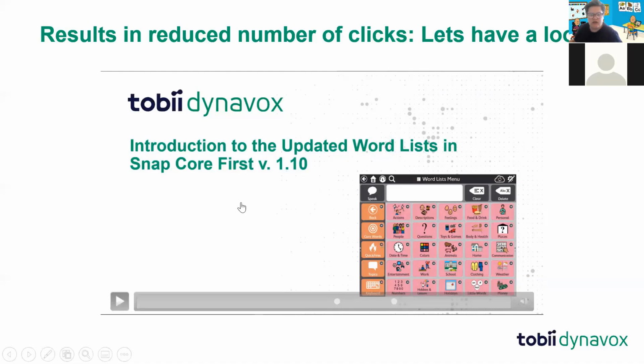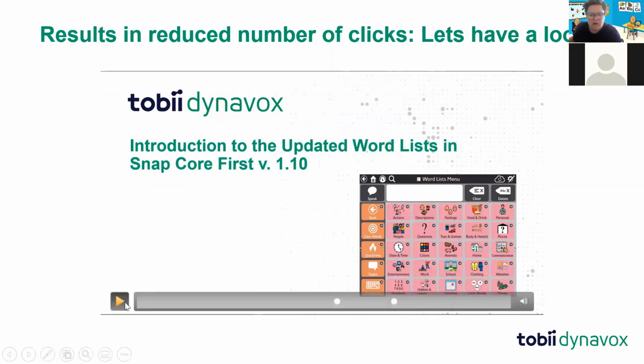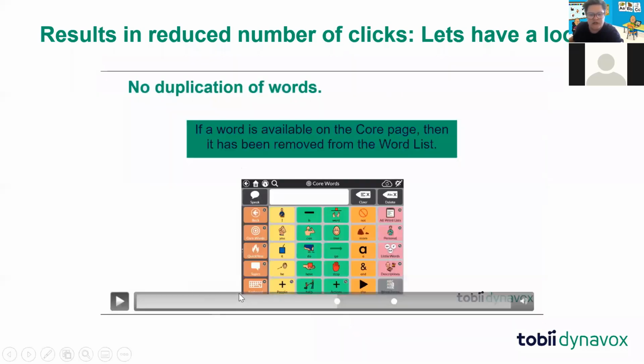So I'll send you the full video of this alongside a couple of other videos that I think will be useful. What I'm going to show you within this is an example of creating a sentence using the original word list versus creating the same sentence using the updated word list, and showing you how that differs. And I think that could be hopefully quite useful for us to get a bit of an idea of the changes.